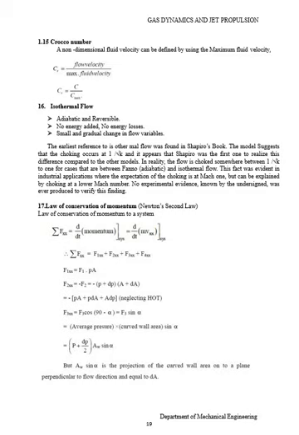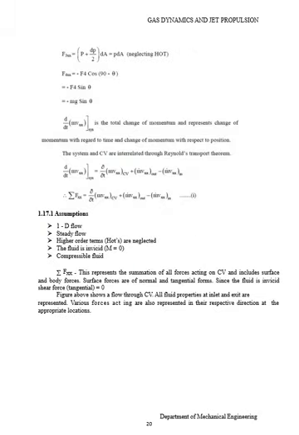But Aw sin alpha is the projection of the curved wall area onto a plane perpendicular to flow direction and equal to dA. F3x is equal to (P plus dP) divided by 2 times dA, which is P dA, neglecting higher order terms.